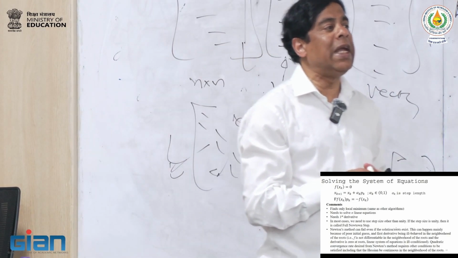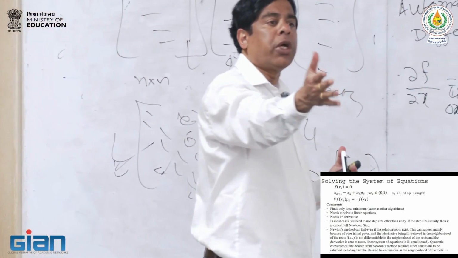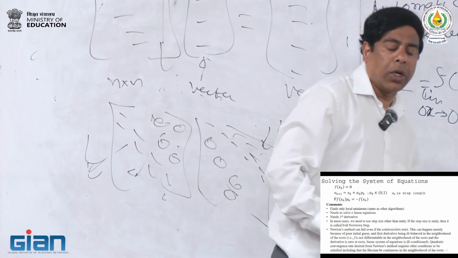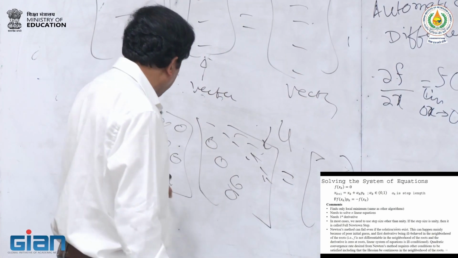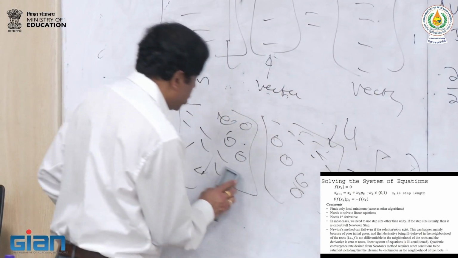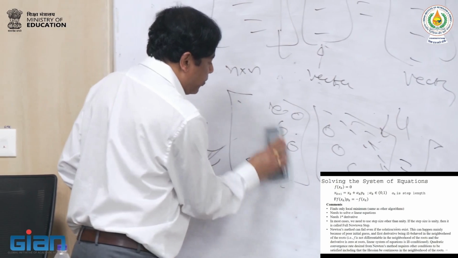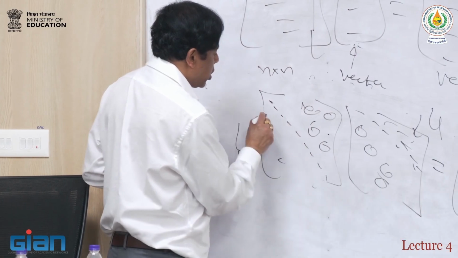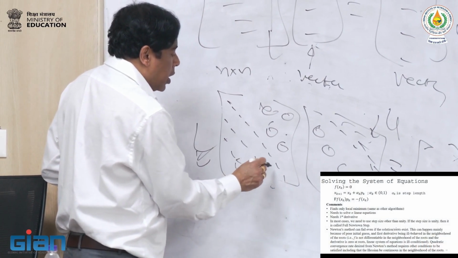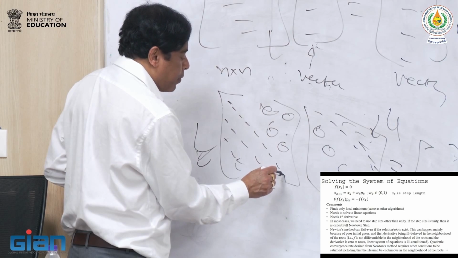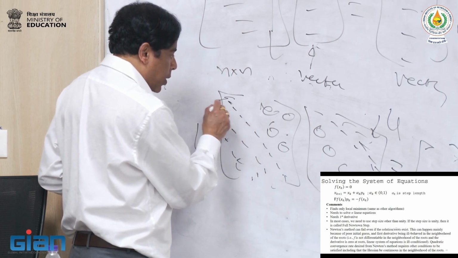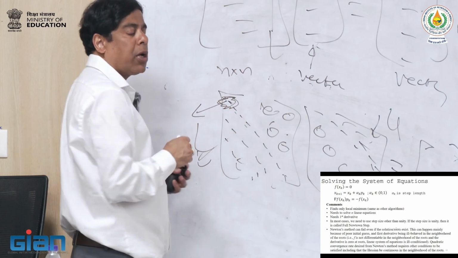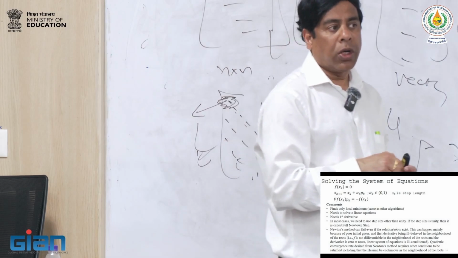You can also do an LDU decomposition, you can do QR factorizations, and that is how you do that. But with this LU decomposition itself, when you actually decompose it, if anything on this diagonal becomes 0, then you are in trouble.